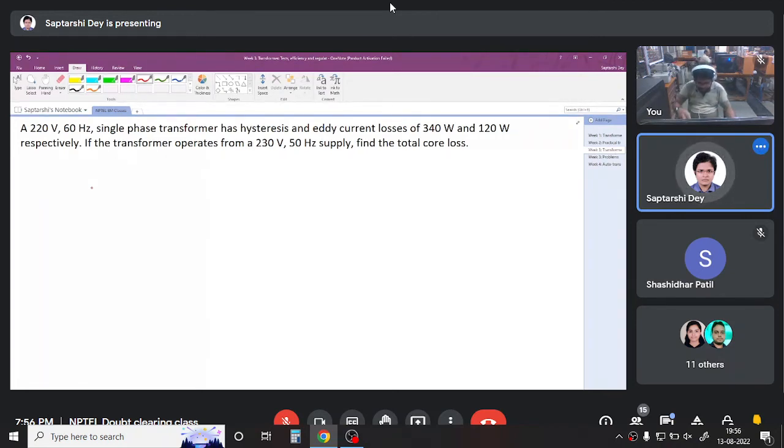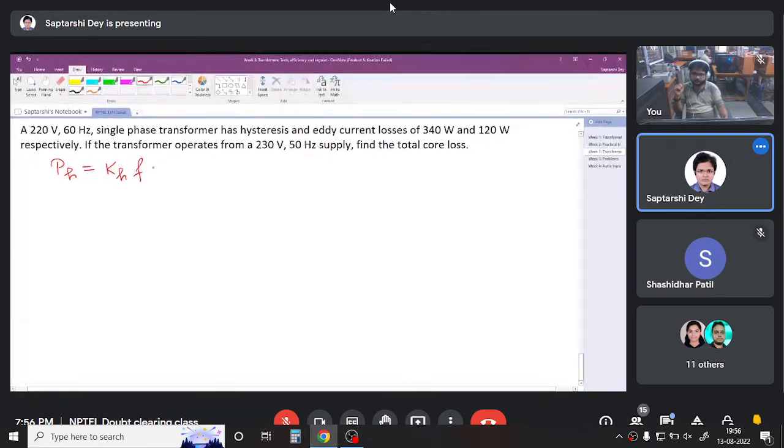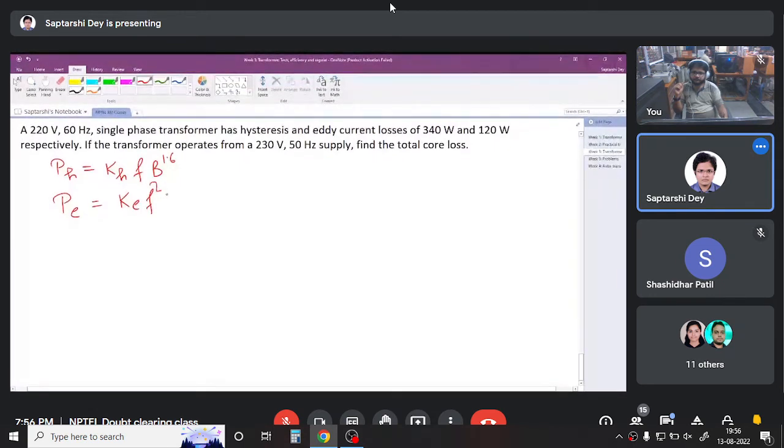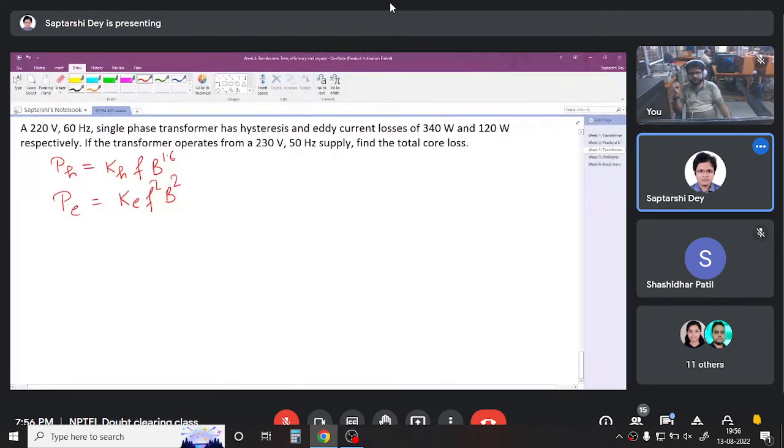Any idea how to do this problem? Any idea?